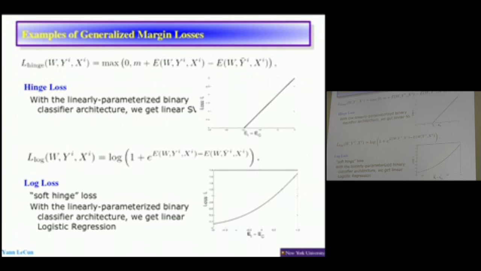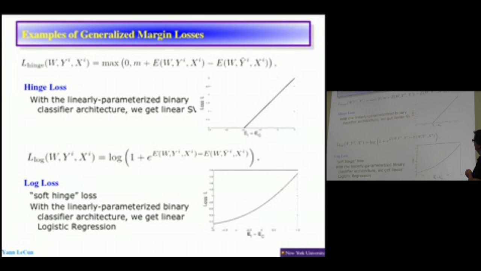So here's a simple example. If you apply this to the binary classifier, you get a support vector machine, if you have an L2 regularizer for the weights. It's the hinge loss. So the hinge loss is the positive part of the energy of the correct answer minus the energy of the most offending incorrect answer plus m, which is the margin.